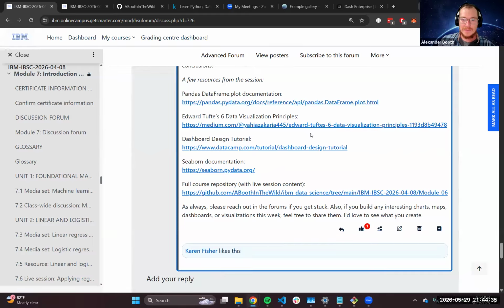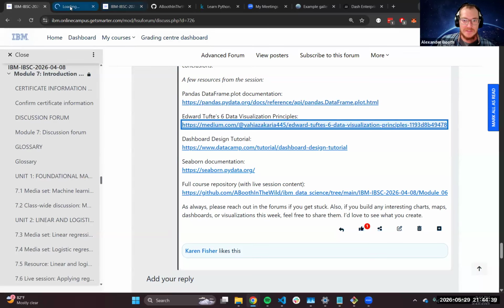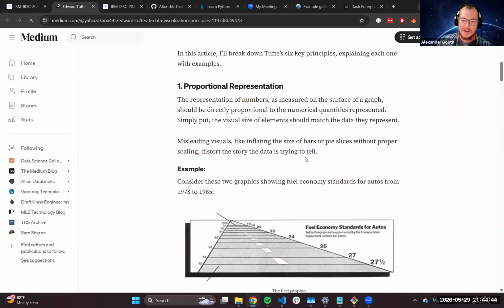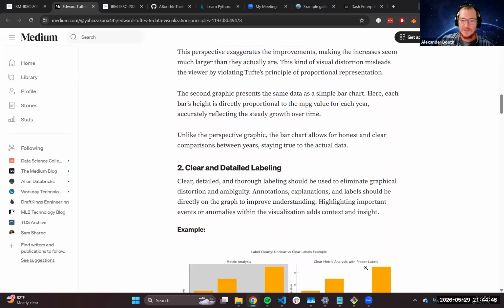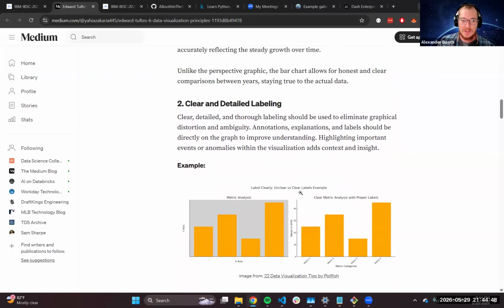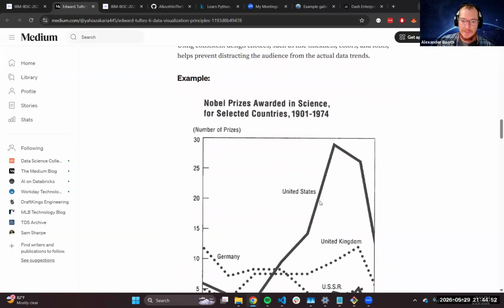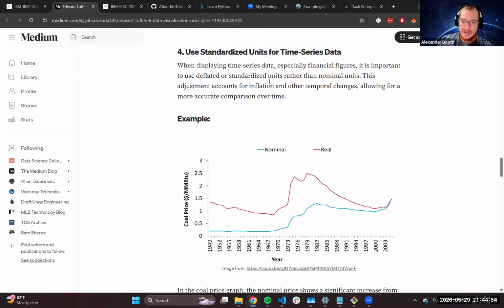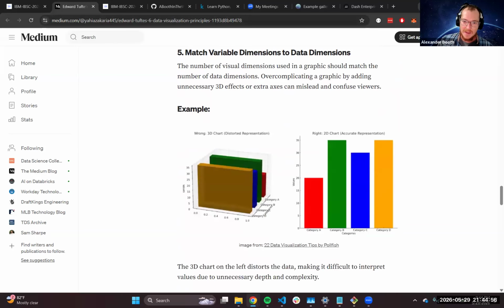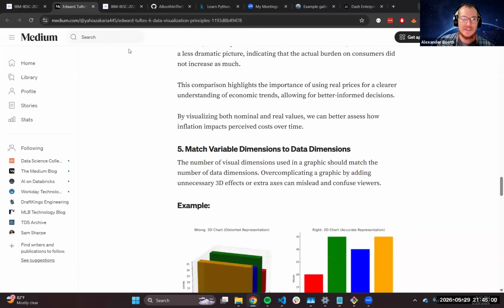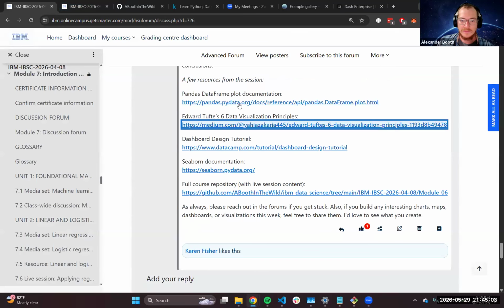A couple good links here. Definitely talked about how plotting interfaces with pandas, Tufte's visualization principles, basically best practices around creating both static and interactive visualization, dashboard design concepts, all of that good stuff. You want to show labeling, proportions, relationships, standardized units, matching dimensions, contextual integrity, data to ink, all that good stuff.